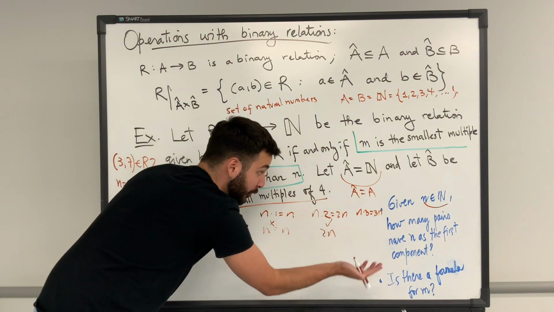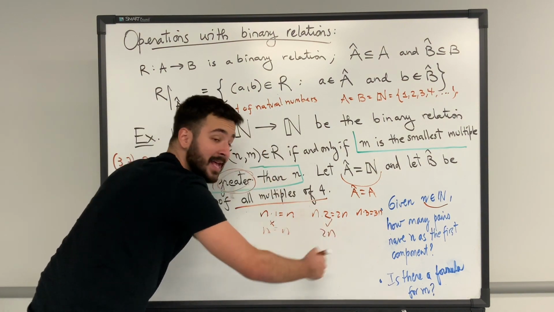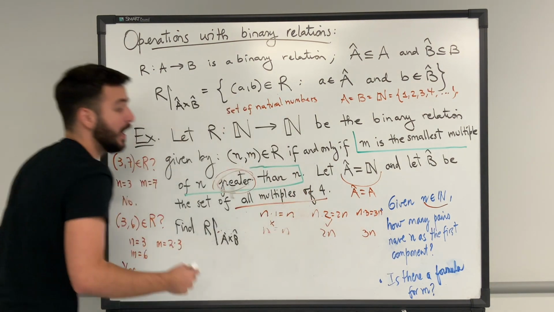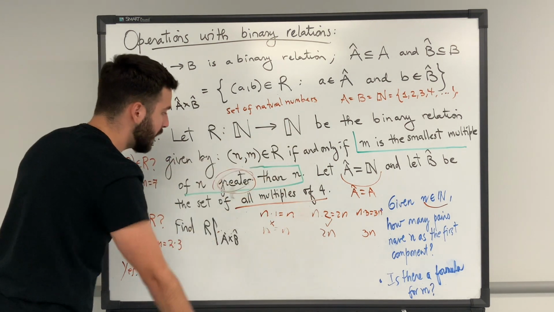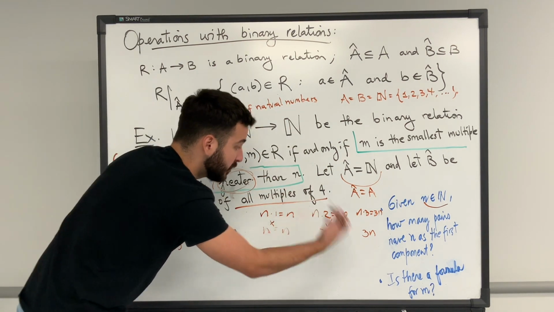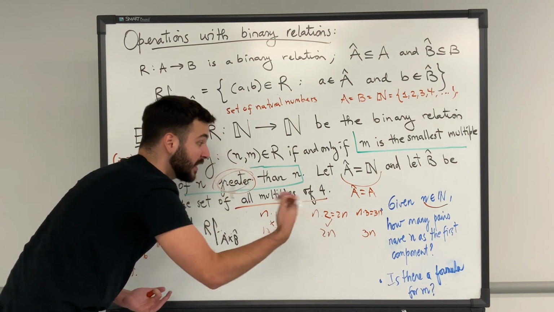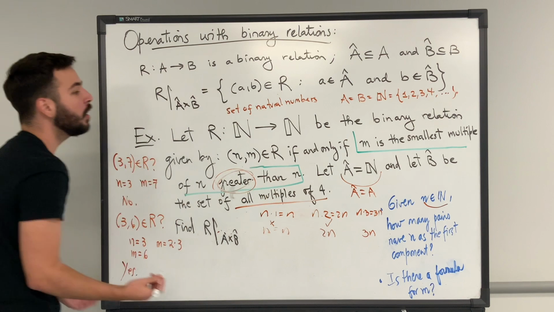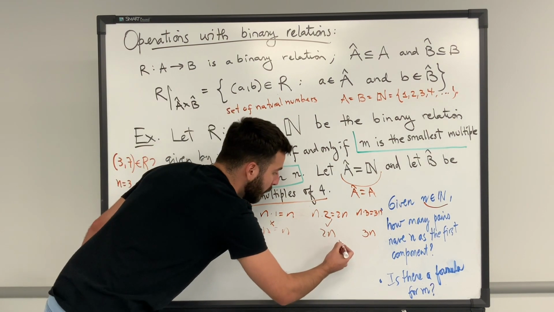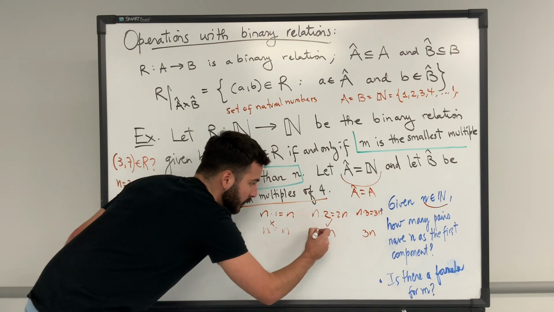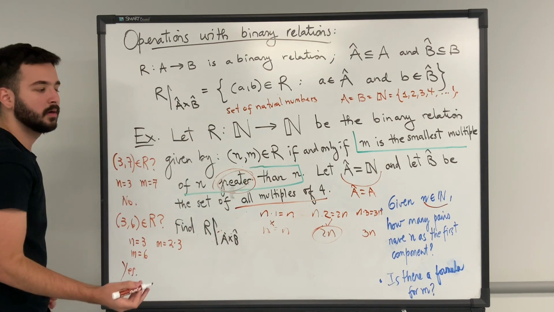Let's see what happens with 3. When we multiply n times 3, we obtain 3 times n. It's good because 3 times n is greater than n. But at the same time, we need the smallest multiple of n that is greater than n, and in this case we already have that multiple, which is 2n.